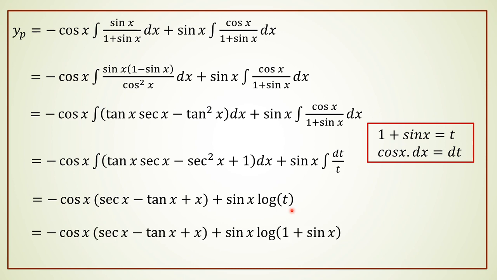Just substitute it, so that the particular integral of the given differential equation is minus cos x into (secant x minus tan x plus x) plus sin x into log of (1 plus sin x). Hence, the complete solution of the given differential equation is y is equal to yc plus yp. That completes the problems on the method of variation of parameters. Thank you.